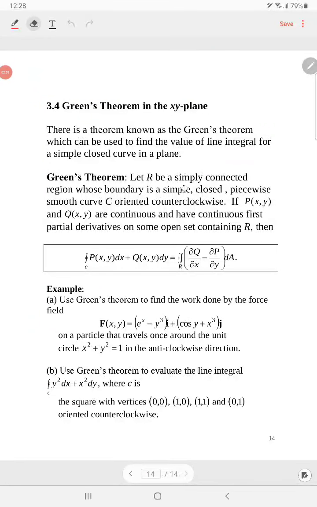Let R be a simply connected region whose boundary is a simple, closed, piecewise smooth curve oriented counterclockwise.